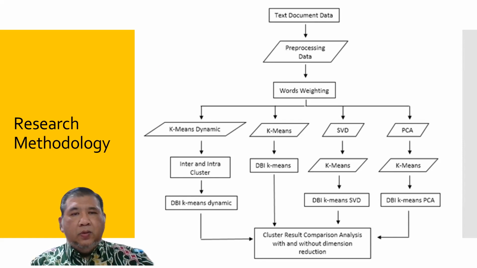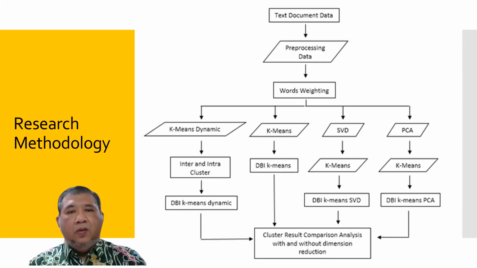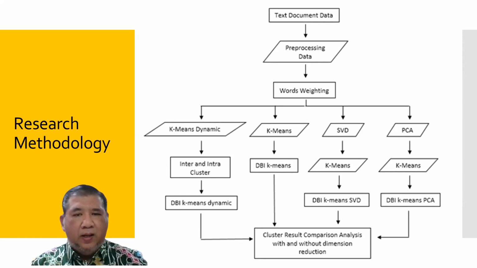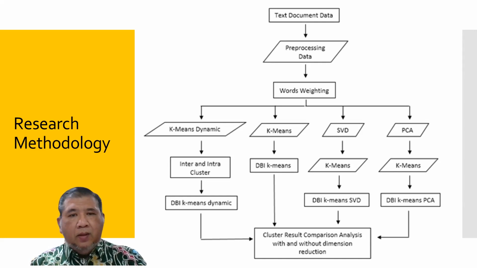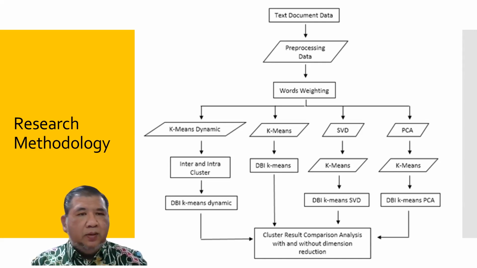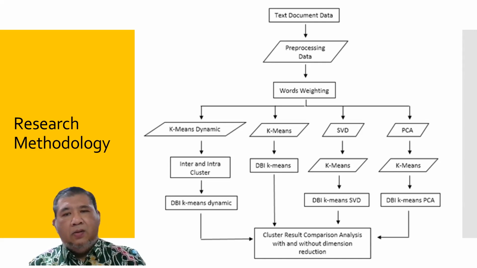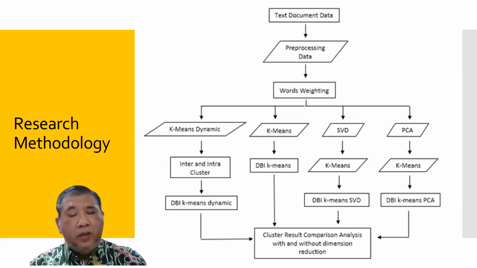To get the best cluster number, we implement the K-means dynamic algorithm to know which number of K is the best one, and then we record all the results: DBI, Davies-Bouldin index, also the computation times of K-means and iteration numbers of K-means.